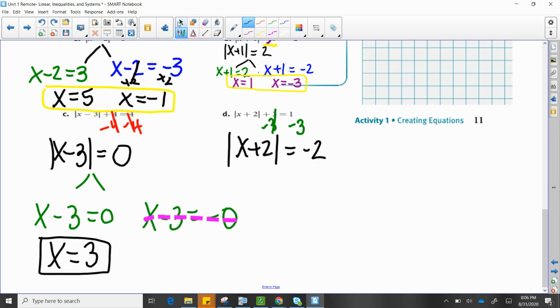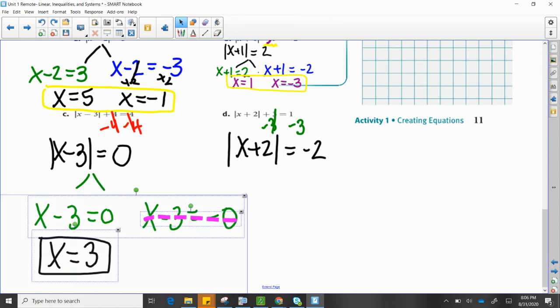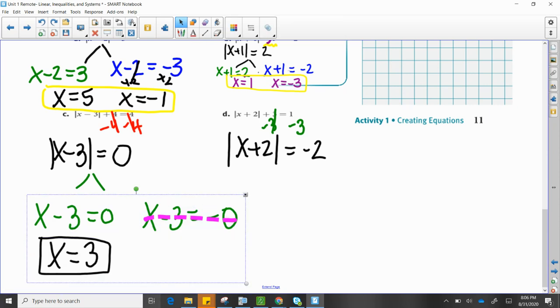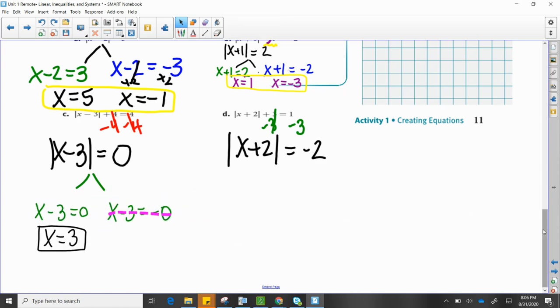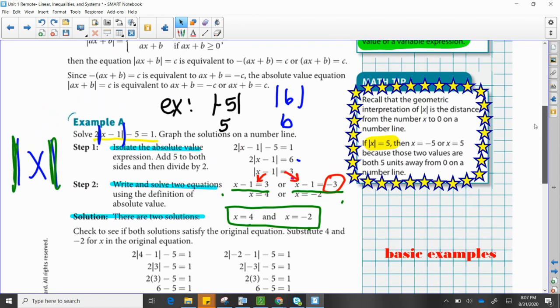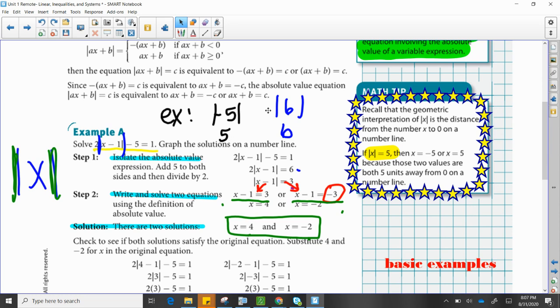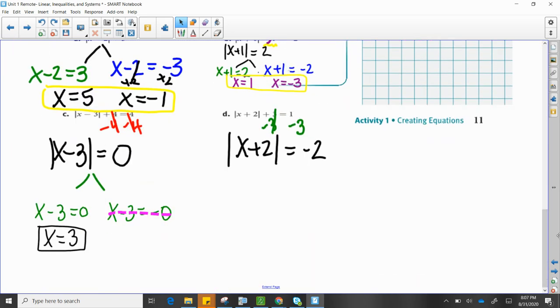Okay, so here's why I said this is kind of a trick problem. It's because we're taking the absolute value of something, and let me go back up to here where I explained it. Anytime we took the absolute value of something, the answer always turned out to be positive, right? So if I look at this problem here, I have the absolute value of x plus 2 is equal to negative 2. Well, when I take the absolute value of something, it doesn't really matter what x is.